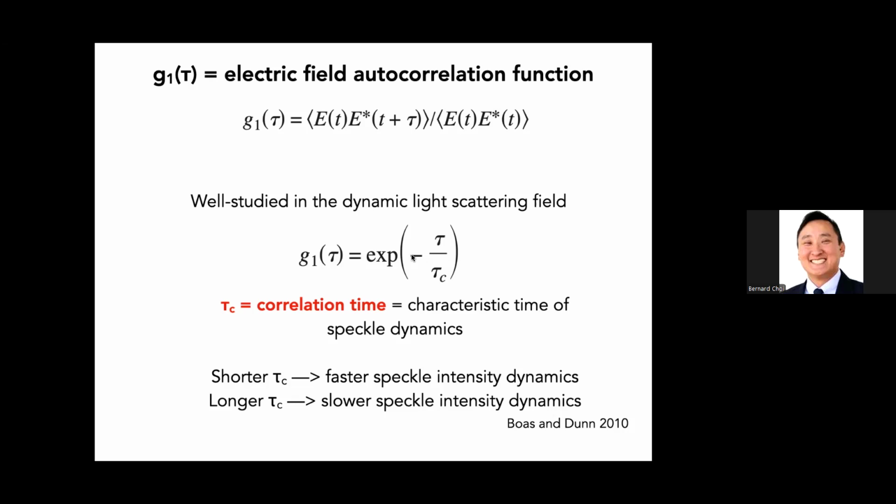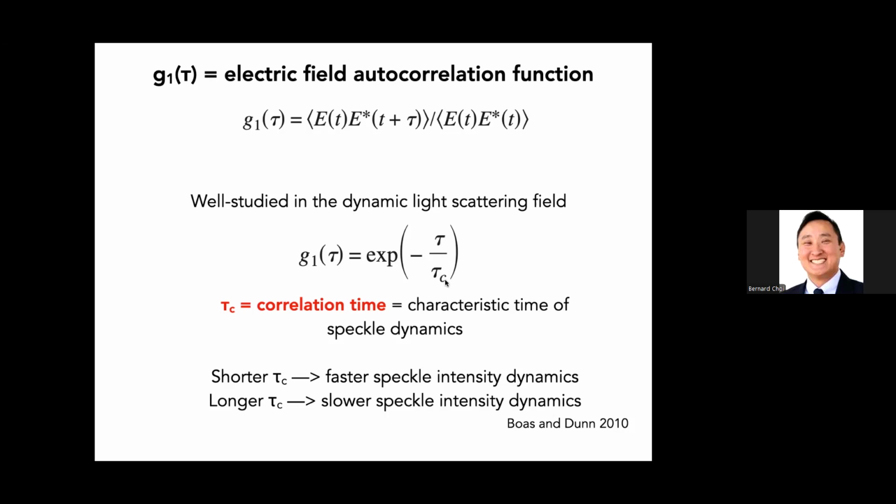So this is a correlation time here. Basically, the longer your correlation time, you could think of it as the longer the speckle stays in the state that it's in, slowly changing over time. When you have that, G1 decays more slowly, because the denominator here is getting much bigger.